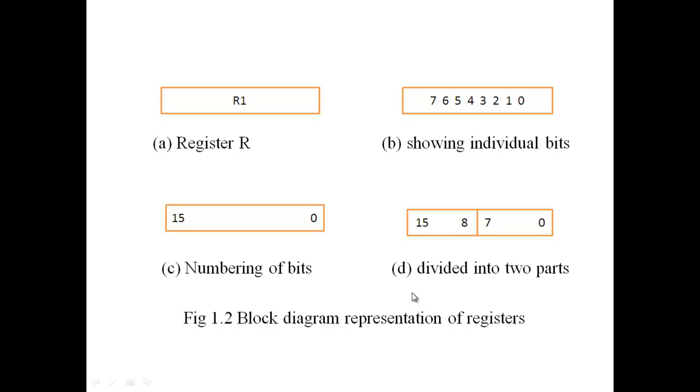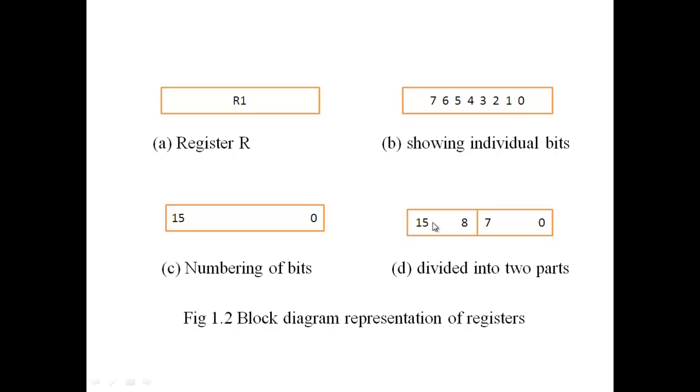The third is a register which is divided into two parts, such as the program counter. One is PCL, program counter L, which stands for lower order bits 0 to 7. Suppose we have bits numbered 0, 1, 2, 3, 4, 5, 6 up to 15. We can store bits 0 to 7, that is 8 bits, in PCL.